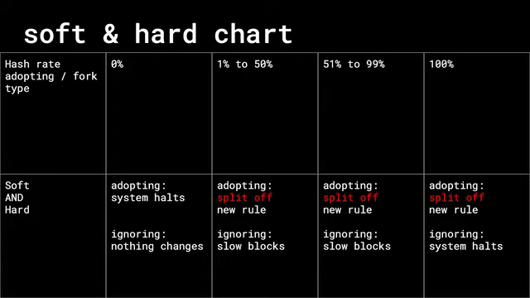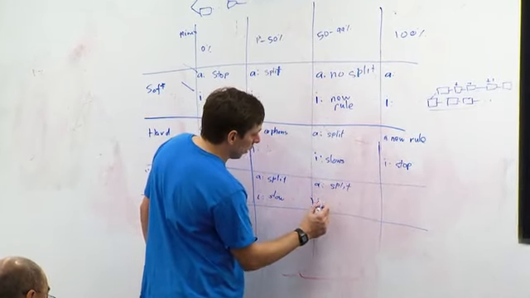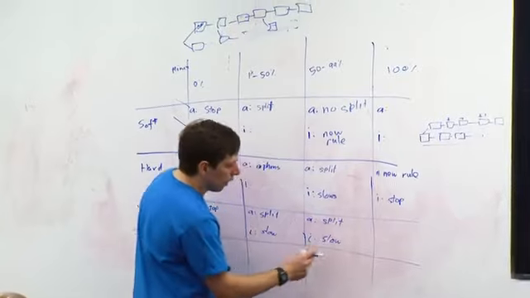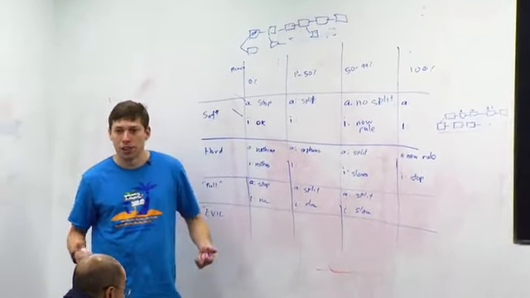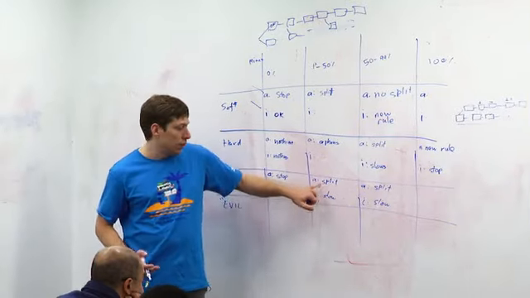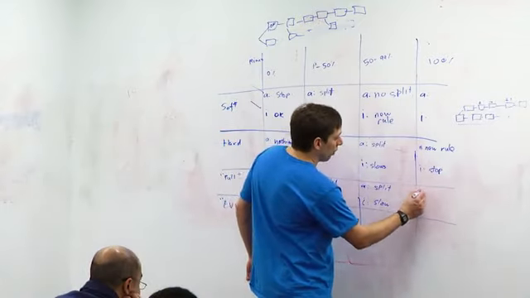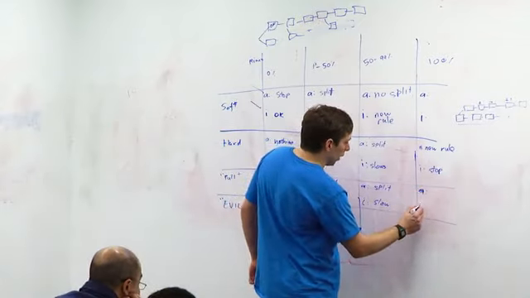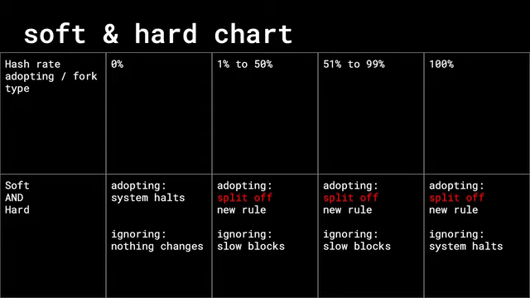When you have a majority, you also split off, and the ignorers, again, it's slow. They're not going to adopt because they see the new fork is invalid. And then for the full thing, for the 100%, the adopters have the new rule, and these guys, the system halts.